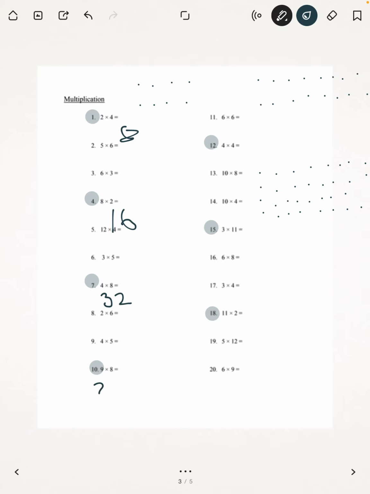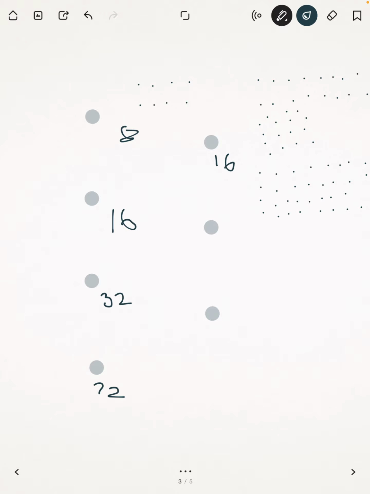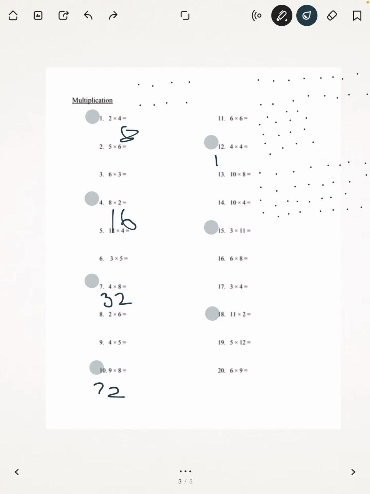Which, if you do that, equals 72. 4 times 4, that basically means, and if you count all of those up, that equals 16.